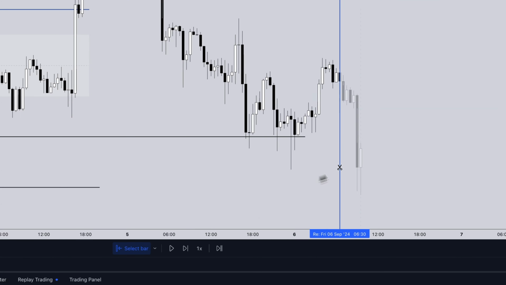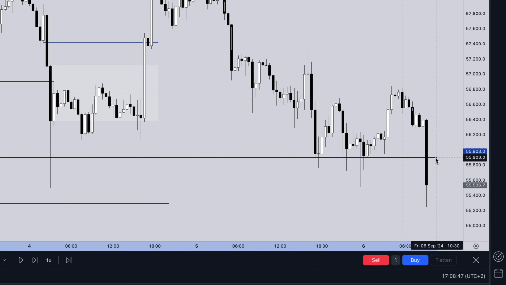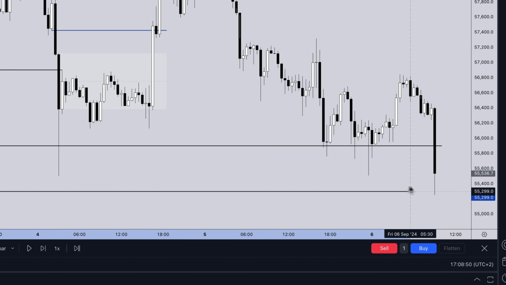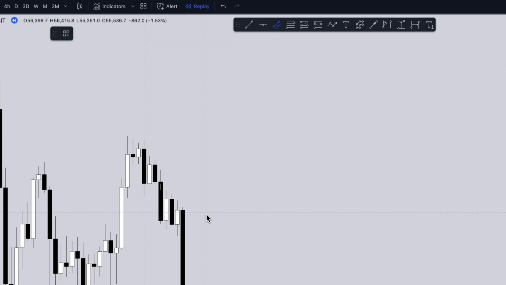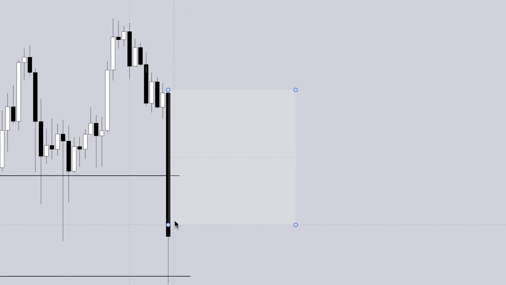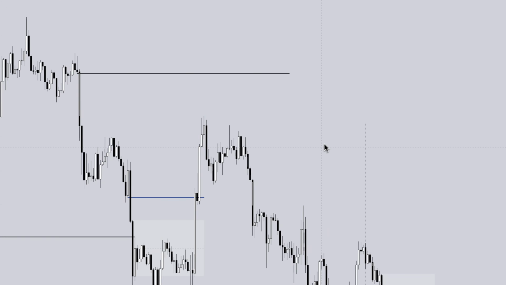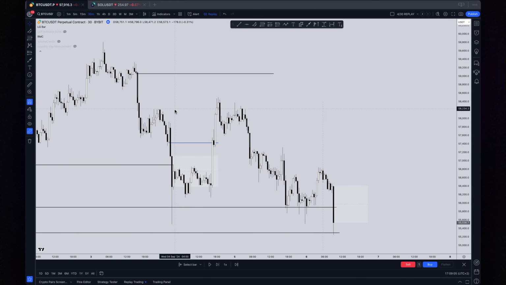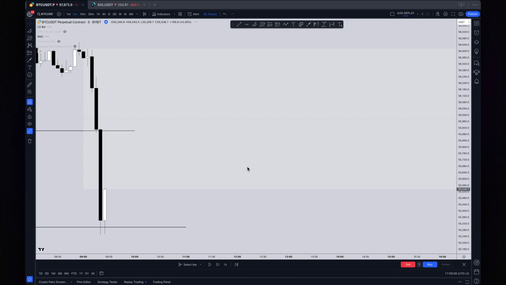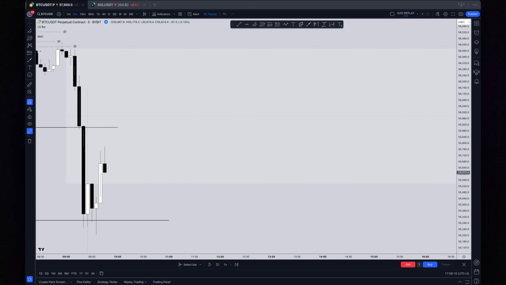Close through. Yeah. Close through immediately fills this level as well. So let's have a look.